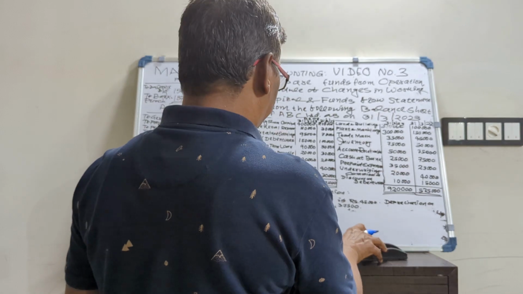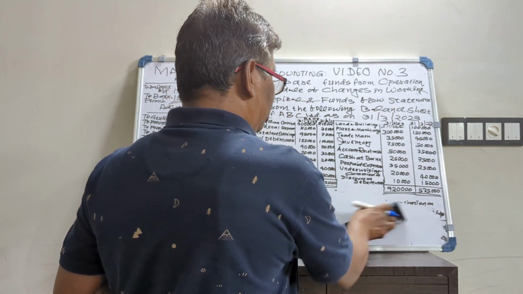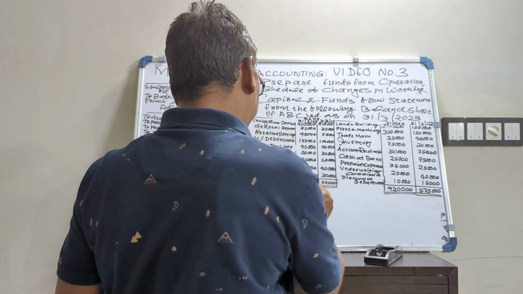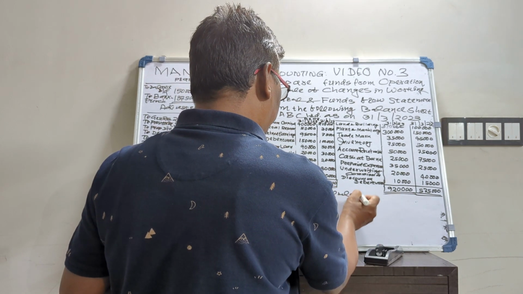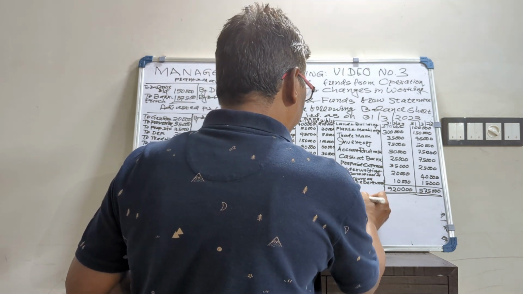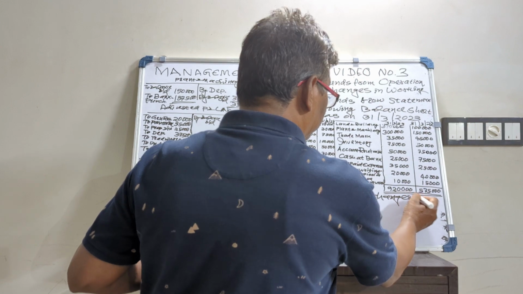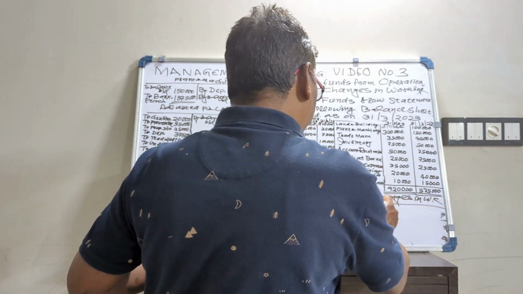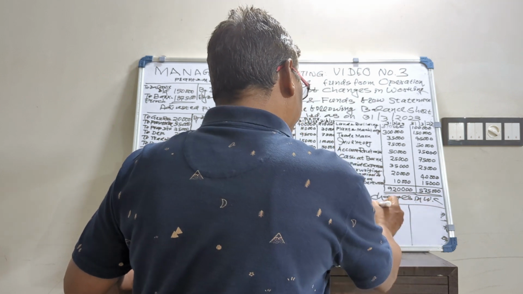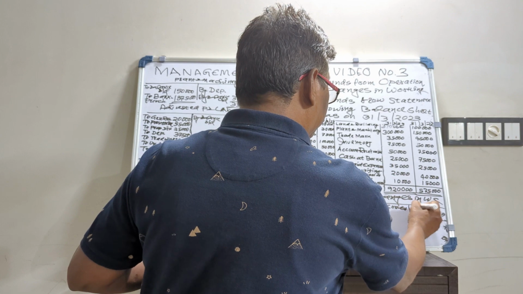So here we have to prepare the schedule of changes in working capital. So before the fund flow statement we have to prepare the schedule of changes in working capital. So we'll start. That is increase, decrease.